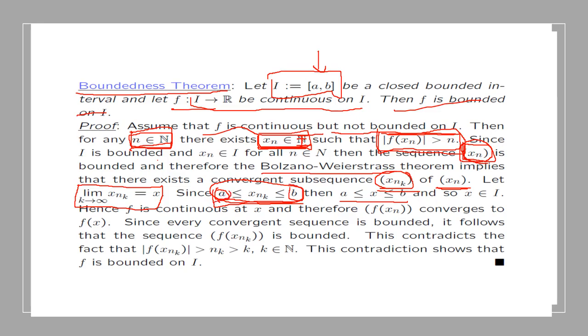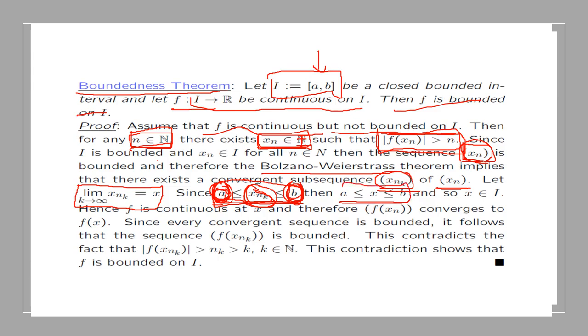Then the limit of an is a, and the limit of bn is b. Since xnk lies between an and bn, the limit of xnk lies between the limit of an and the limit of bn. So that simply tells you that the limit of xnk lies between a and b. The limit of xnk is x, so x lies between a and b.